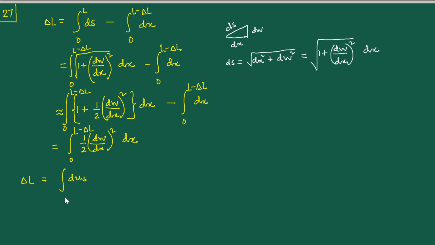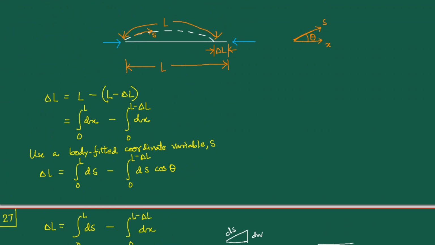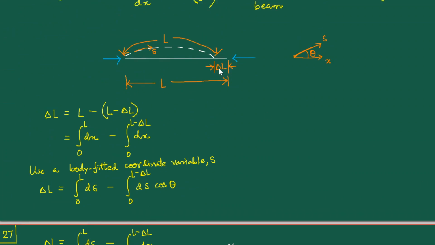Now you see this delta L, it is the magnitude by which the two endpoints have come near. If you go back to this previous diagram, you see this delta L represents the magnitude by which the two endpoints have come nearer.